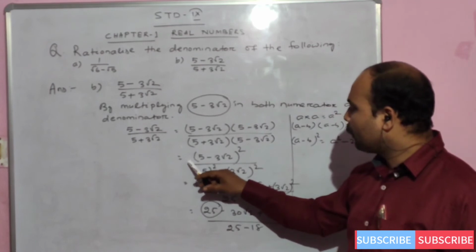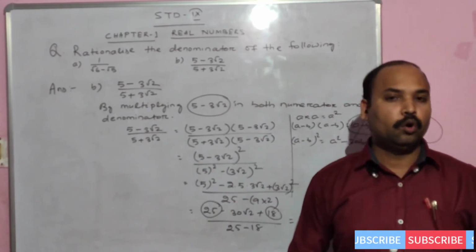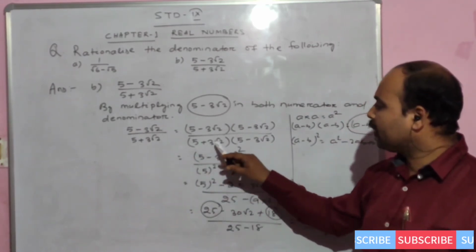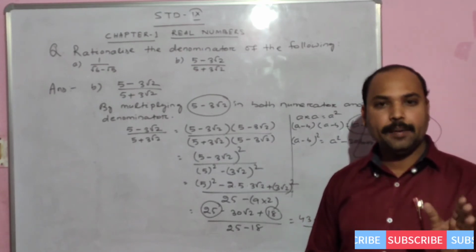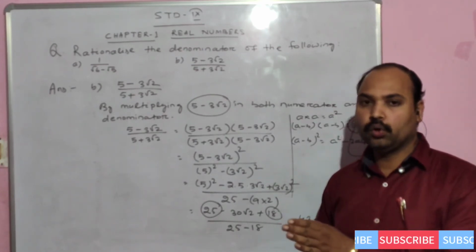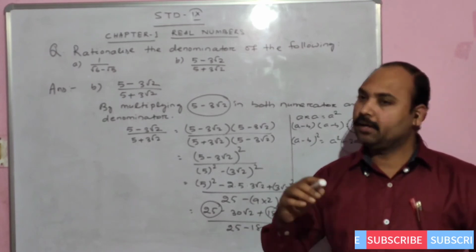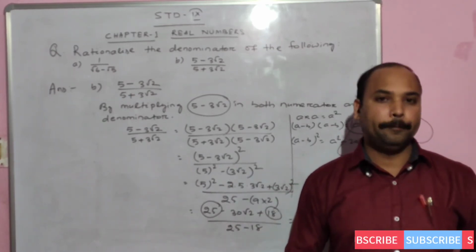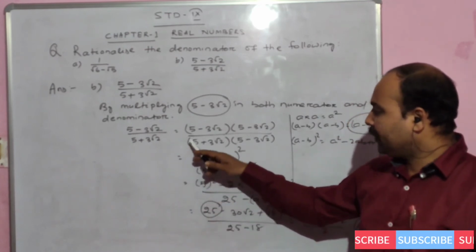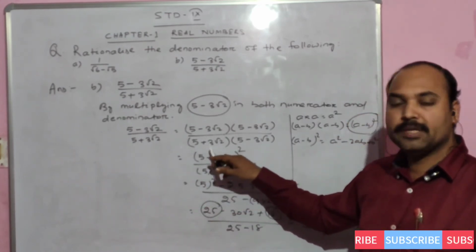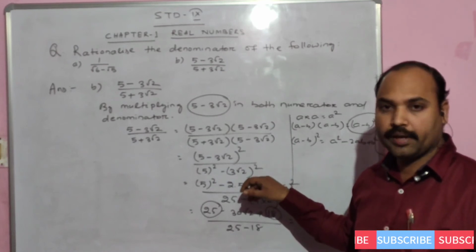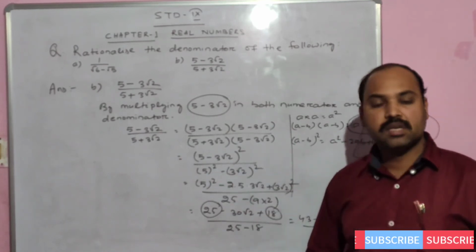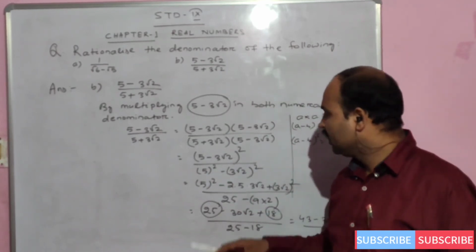So you write here (5 - 3√2) whole square. Upon (a + b) into (a - b) formula, meaning (5 + 3√2) into (5 - 3√2), that's why it is the formula of a square minus b square. So a square means 5 square, minus b square means (3√2) whole square.